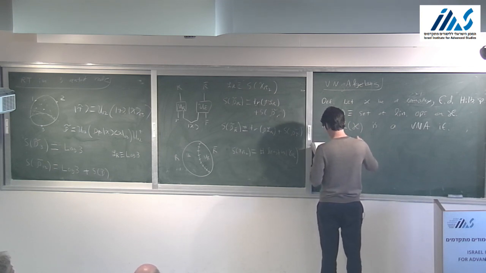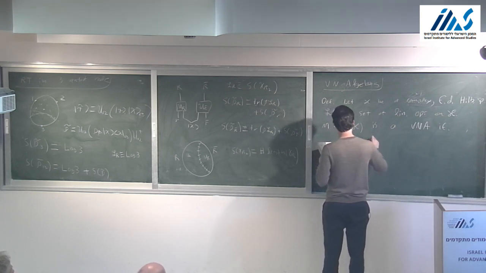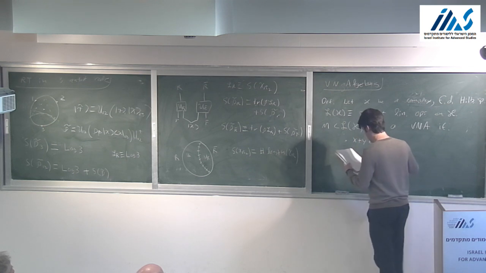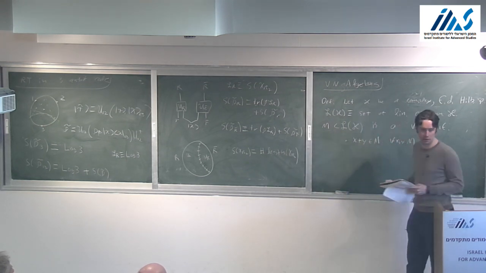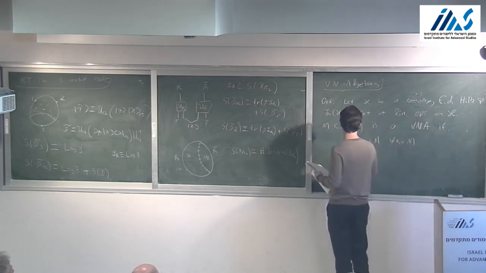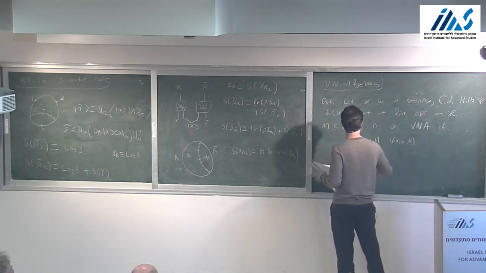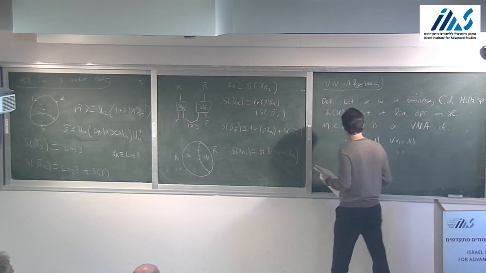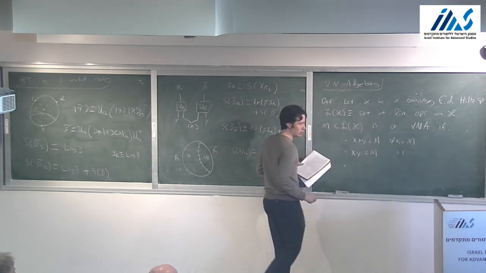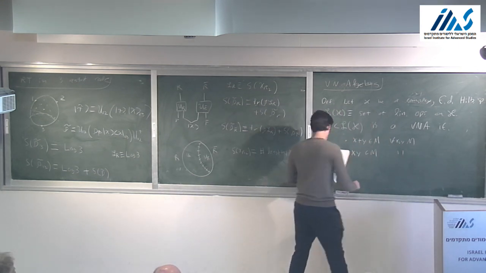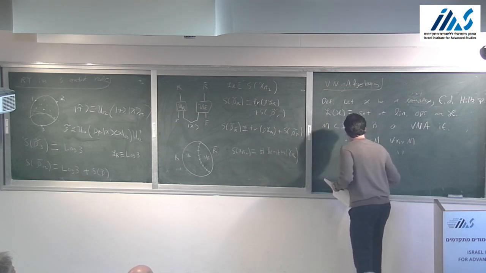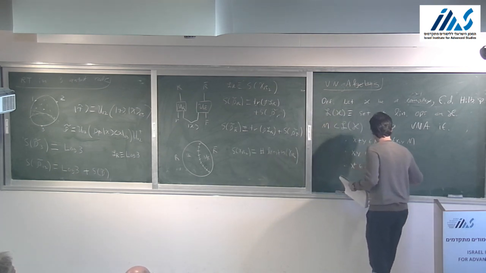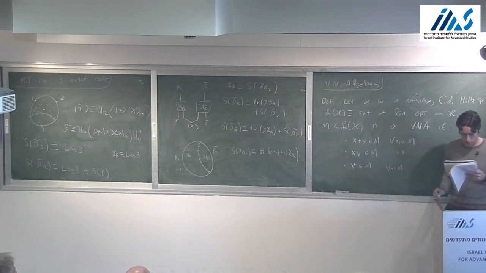Well, we need x plus y to be contained in M for all x and y in M. So that's saying it's closed under addition. We need x times y to be in M, again, for all x and y. So it's closed under multiplication. We need that x dagger is contained in M for all x in M. So it's closed under Hermitian conjugation.